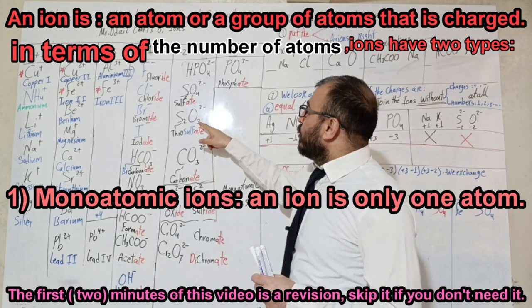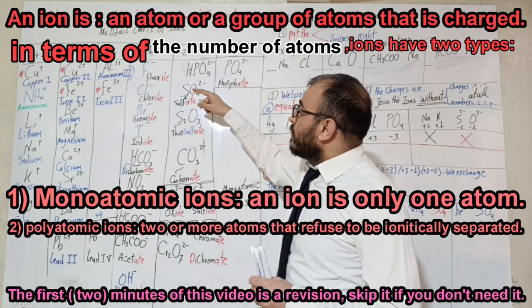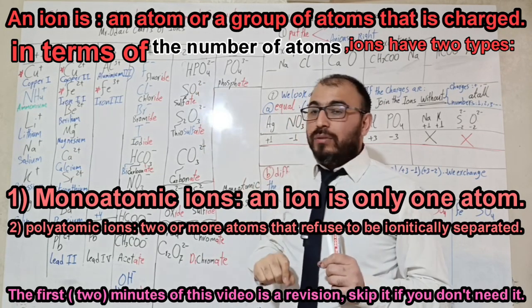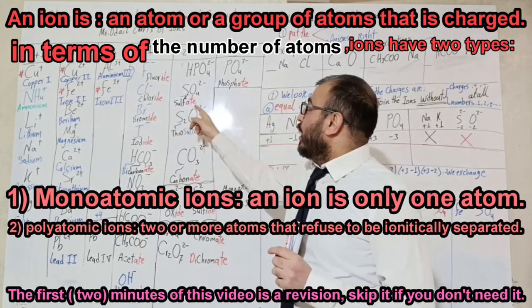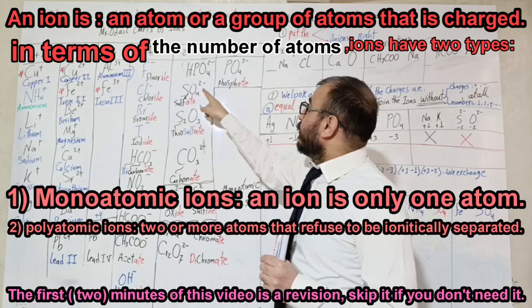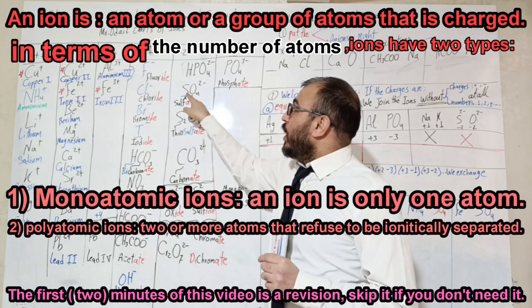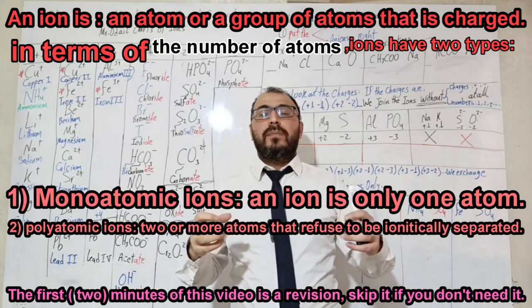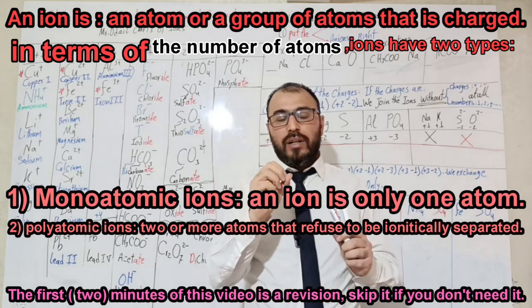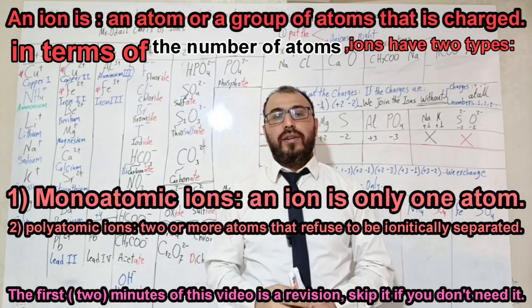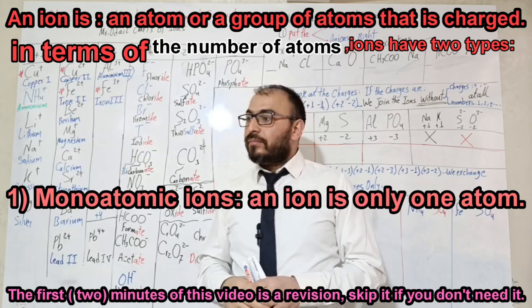The second type is called the polyatomic ions, and a polyatomic ion is a group of two or more atoms that have one charge and they refuse to be separated from one another ionically, and we should deal with them as one atom only.